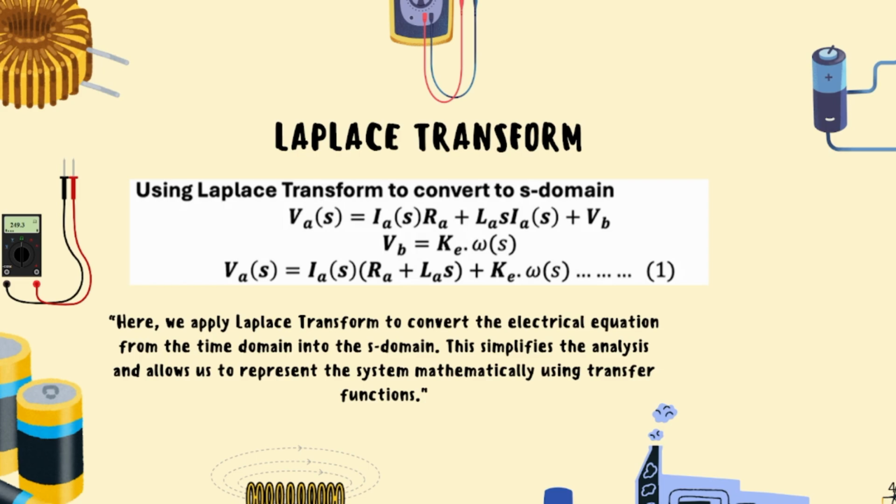This simplified equation will later be combined with the mechanical equation to derive the transfer function of the DC motor. As I mentioned, we apply the Laplace transform to convert the electrical equation from the time domain into the S domain. This simplifies the analysis and allows us to represent the system mathematically using transfer functions. So let's move to the next slide.